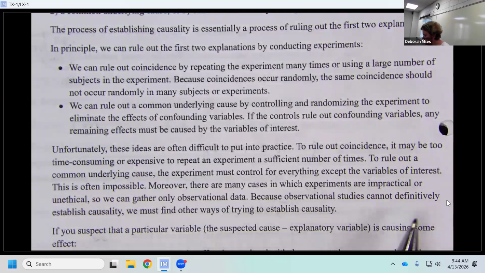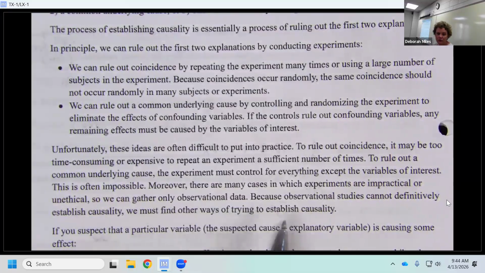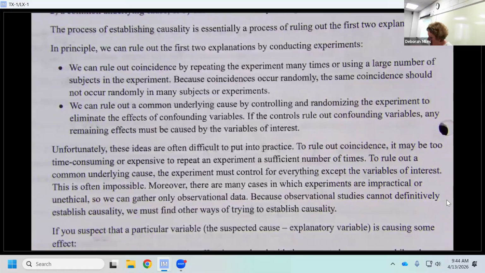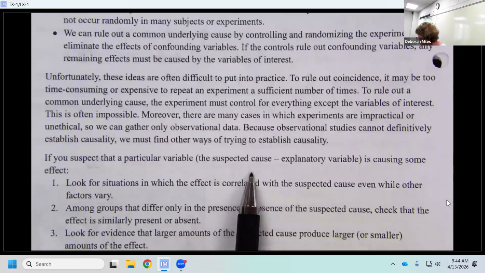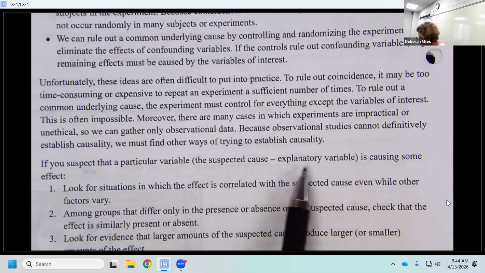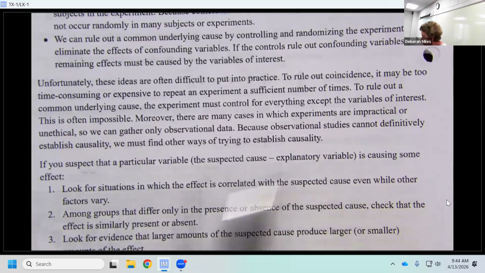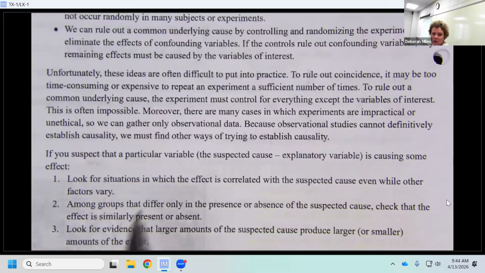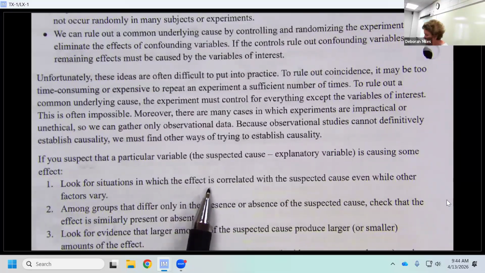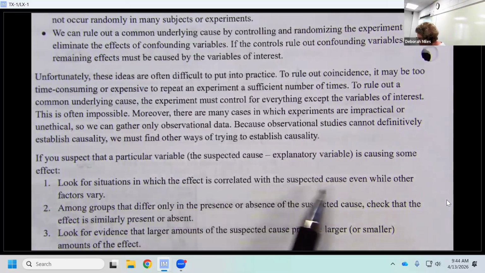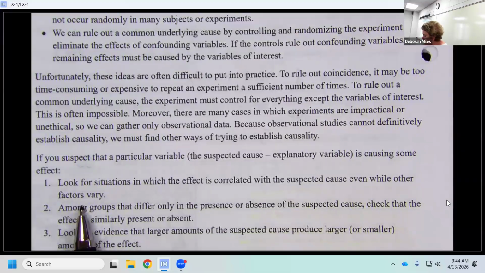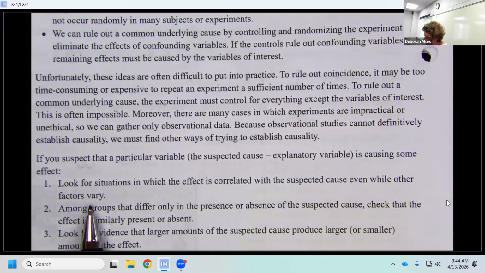Because observational studies cannot definitively establish causality, we must find other ways to try to establish causality. If you suspect that a particular value, the explanatory variable, is causing some effect, look for situations in which the effect is correlated with the suspected cause, even when other factors vary.